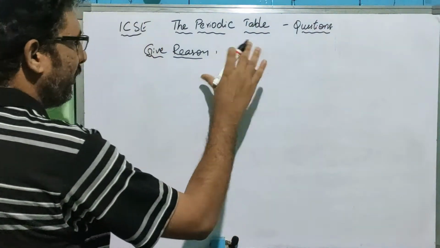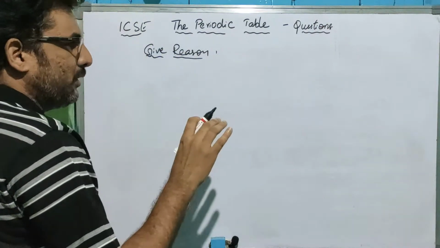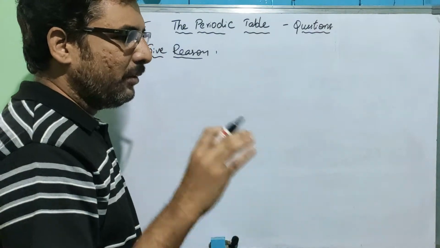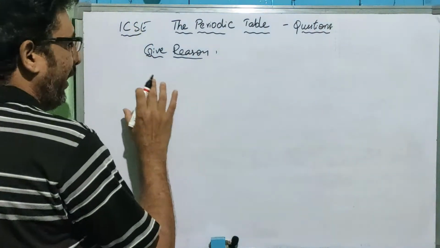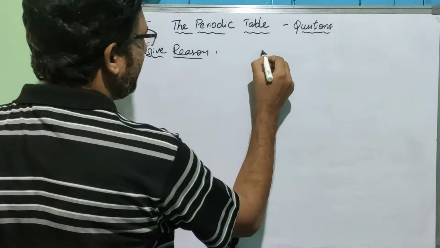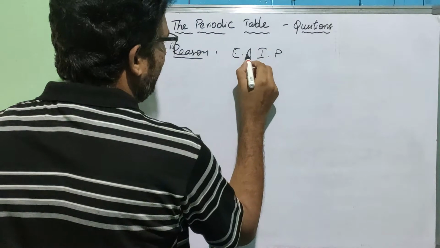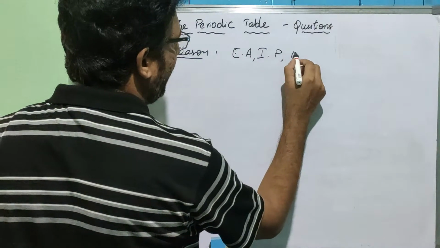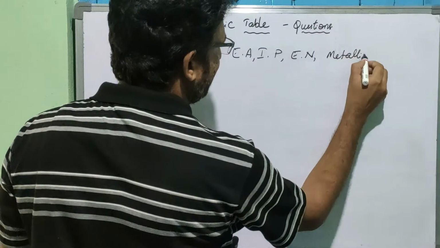Generally, the reasoning question will be asked on the periodic properties only. And what are those periodic properties? Those periodic properties are nothing but electron affinity, ionization potential, electronegativity, and metallic character.